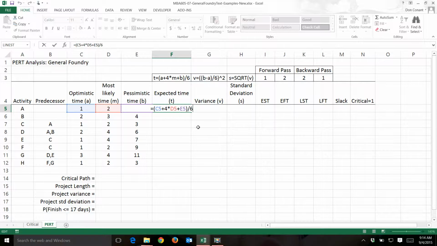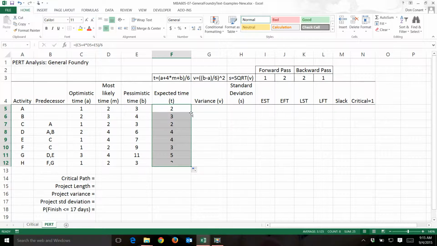You can see that we have 1 optimistic time, 4 most likely times, 1 pessimistic time, totaling up to 6. So we divide by 6. This is just a weighted average, weighting the most likely time 4 times heavier than the optimistic time and the pessimistic time. Therefore, we divide by 6. It's the same in every instance, so we'll just copy that down.